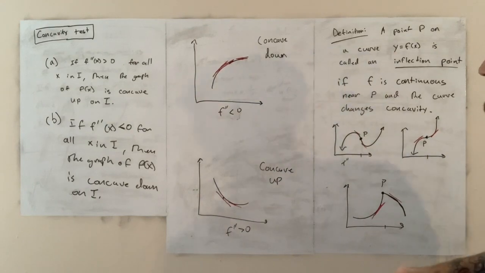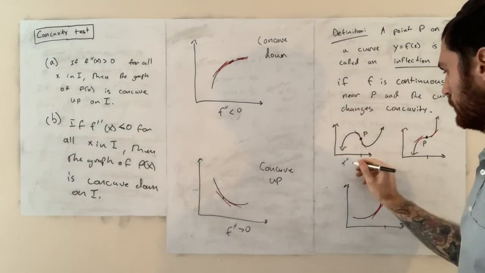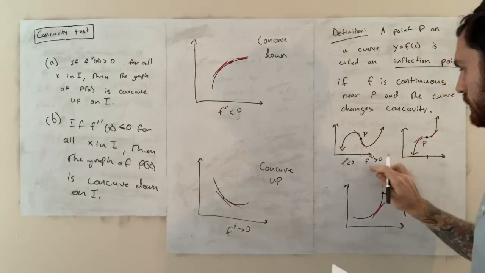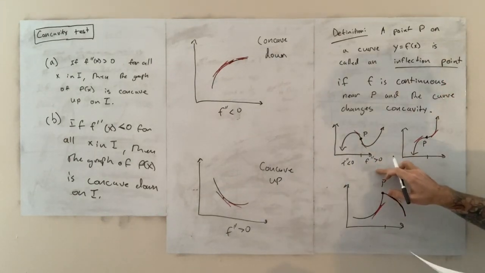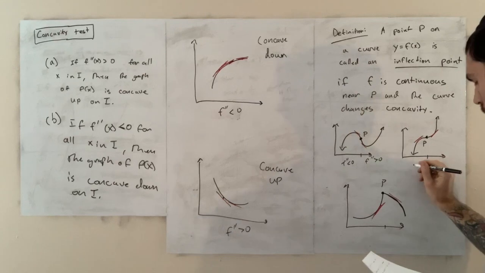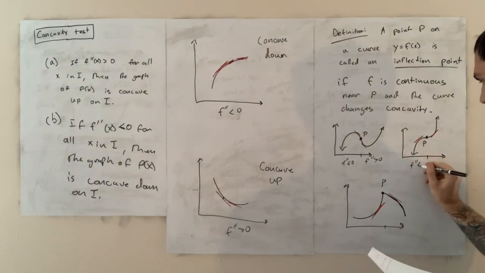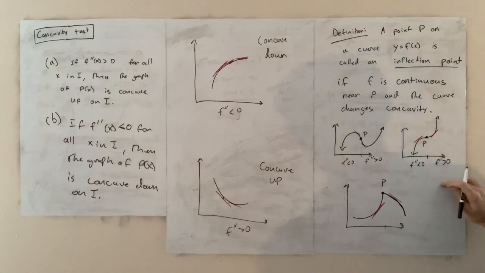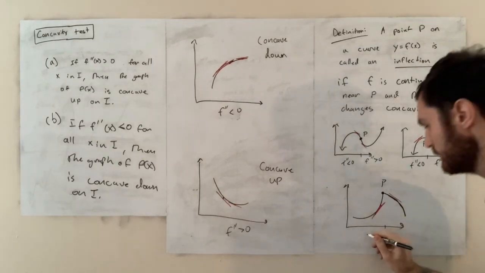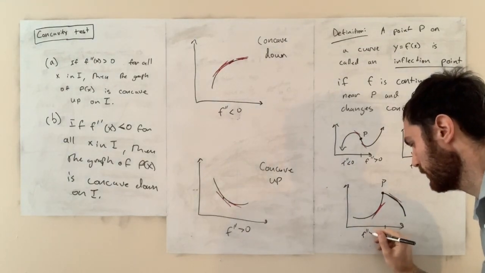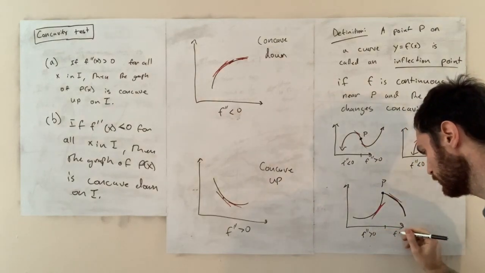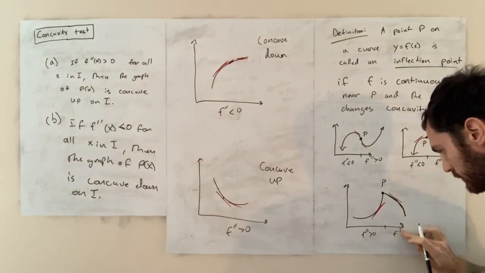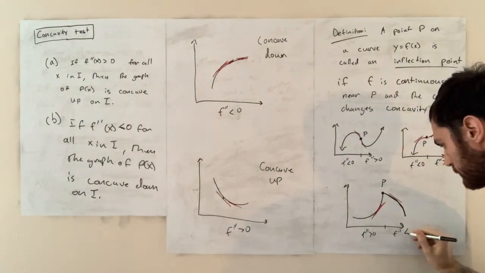It's where the second derivative changes sign. So this is going to be negative to positive, and this is going to be second derivative positive and changing to negative values.